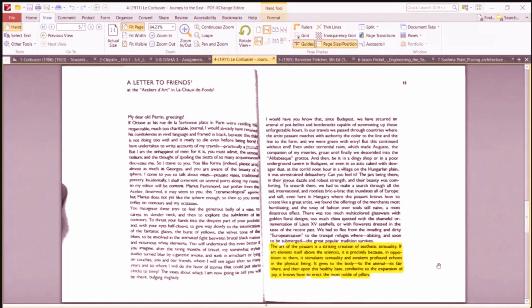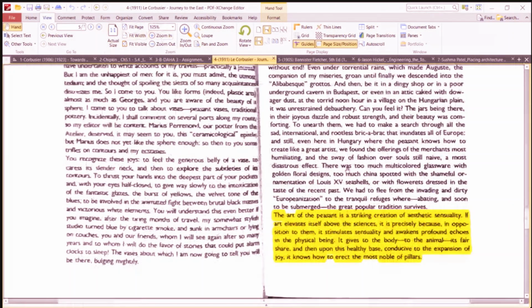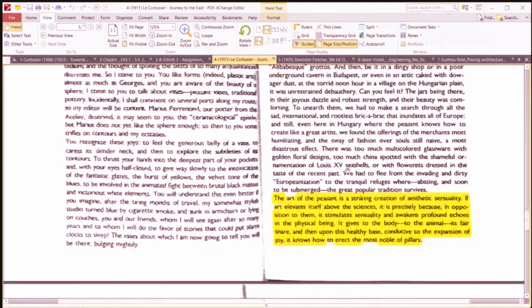Let's read a little bit from the opening of what Corbusier writes about his experience and his encounter with non-Parisians in the rural countrysides of Eastern Europe and Turkey.